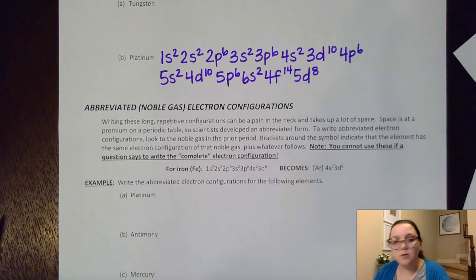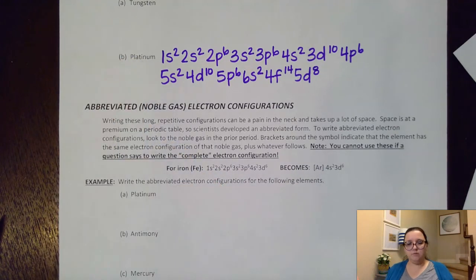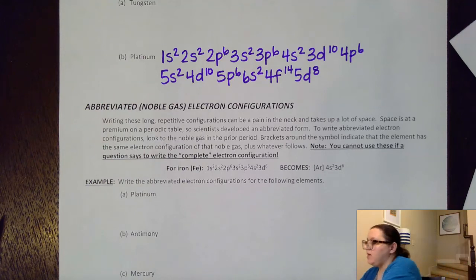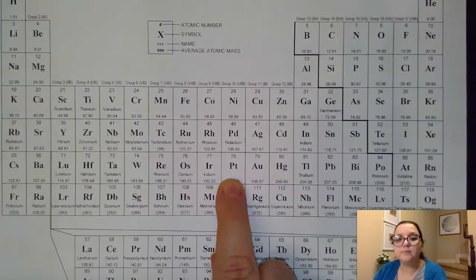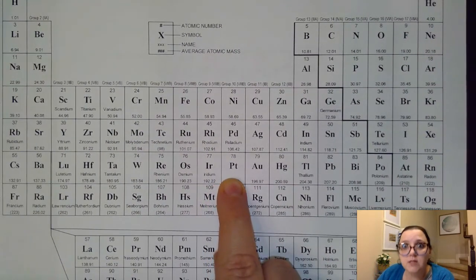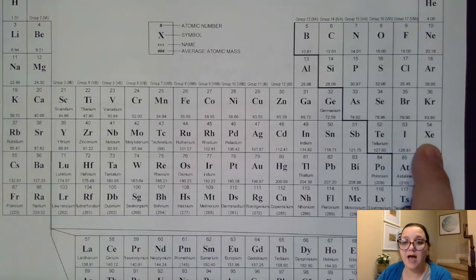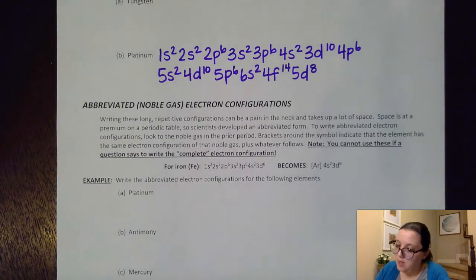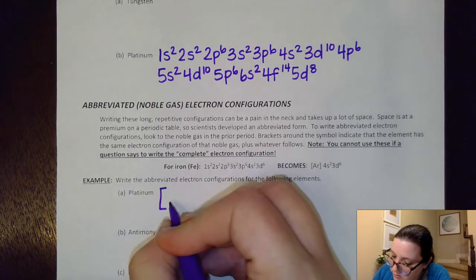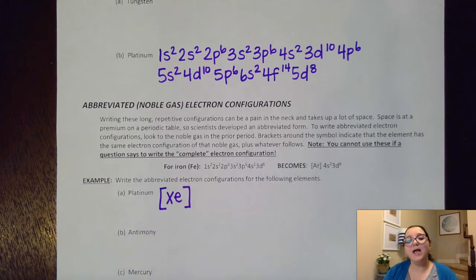So for example, you notice the first one on here talks about platinum. So we just did platinum's complete electron configuration. Let's see how we would abbreviate it. So what I would do is I would find my platinum on the periodic table, and I would then find the previous noble gas to it. So you notice working back here, the previous noble gas is xenon. So what I would do is I would start this off by putting xenon into brackets, and then I would write anything I went through after xenon.